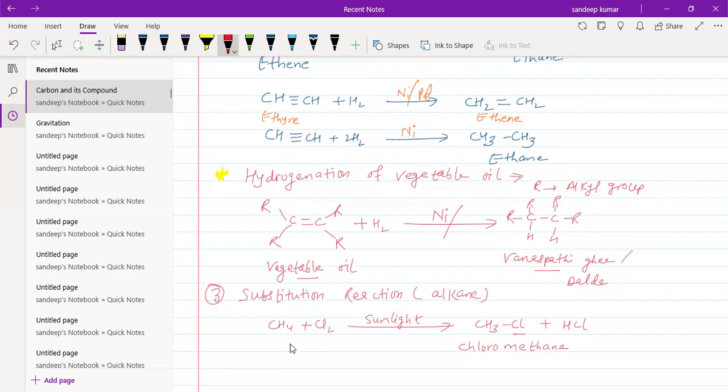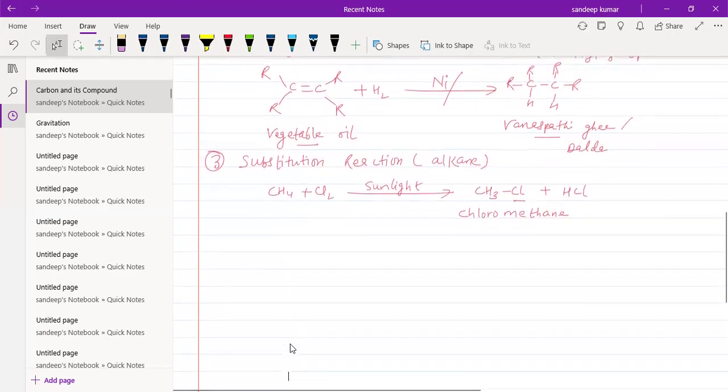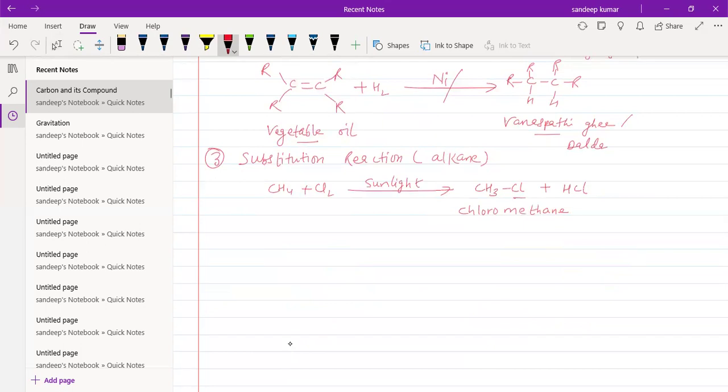Again, if you pass chlorine with this compound, CH3Cl plus again Cl2 is passed in the presence of sunlight, again one hydrogen is substituted by one chlorine atom. So it forms CH2Cl2 plus HCl.